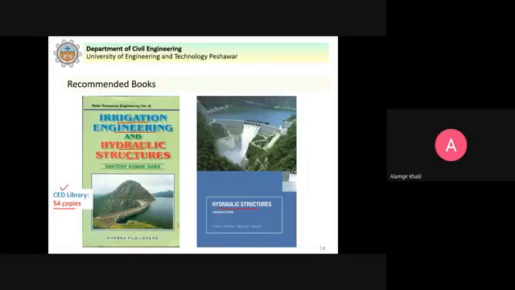Maybe you can download this book from different websites, but if you are interested in the hard copy, we have 54 hard copies of this book in our departmental library. These are given in your syllabus.